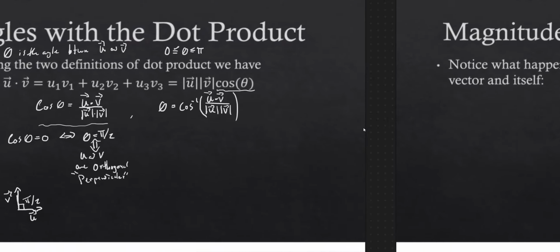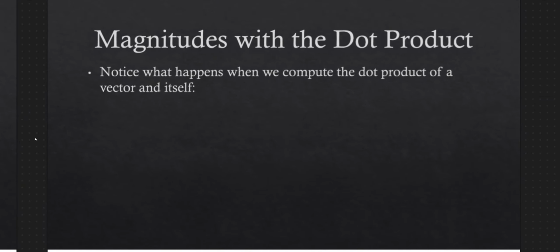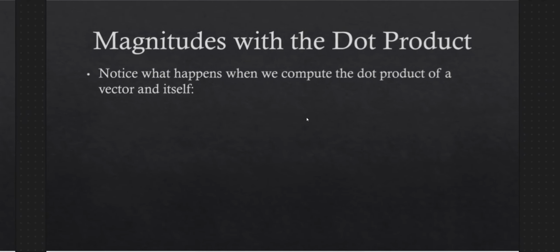I do want to jump over to magnitudes with the dot product. What happens when we compute the dot product of a vector with itself? So we take a vector u equal to, let's say, u1, u2, u3, and take the dot product of it with itself.